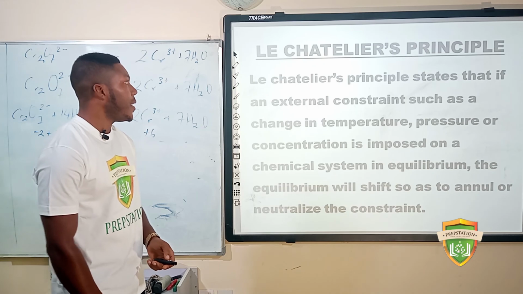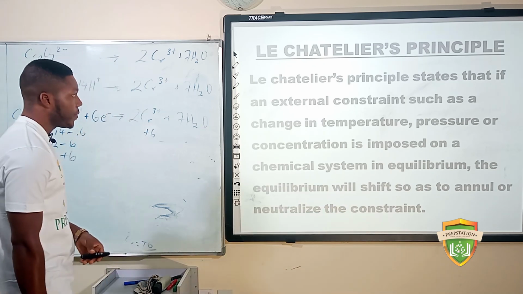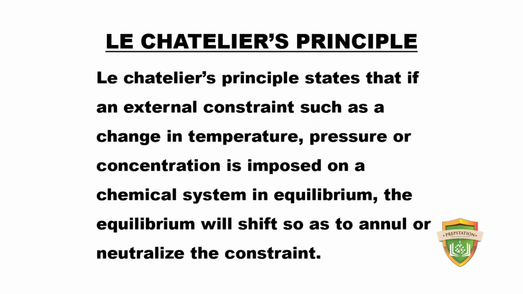Okay, Le Chatelier's principle. This principle states that if an external constraint, such as a change in temperature, pressure, or concentration, is imposed on a chemical system in equilibrium, the equilibrium will shift so as to annul or neutralize the constraints.